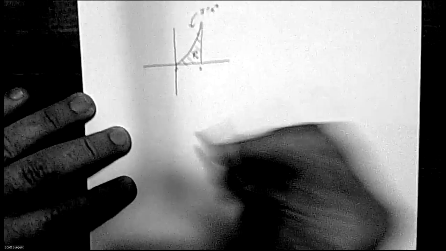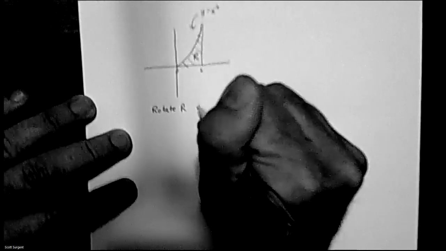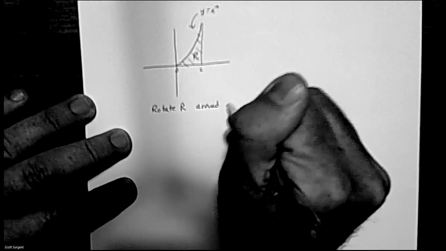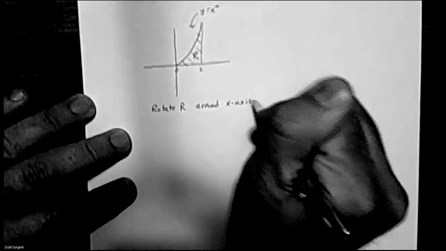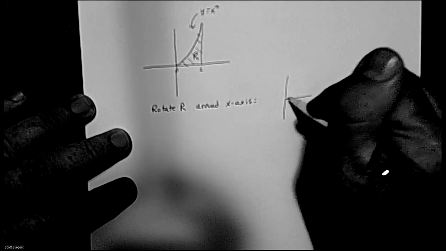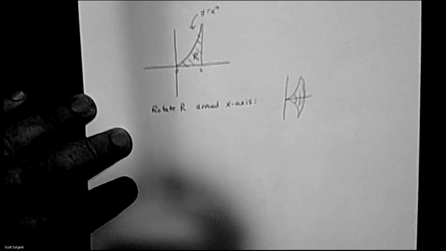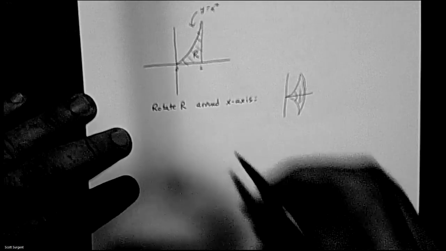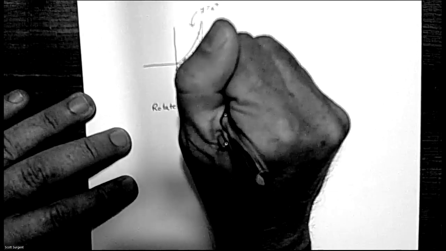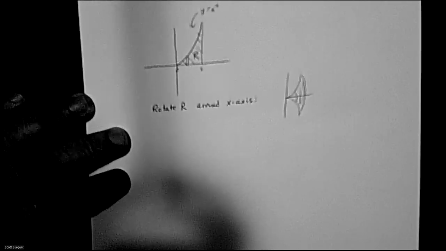Call it R. If I rotate R around the x-axis, the shape would kind of look something like that, right? And to me, just slicing it through the traditional way, it seems like discs would work the best.